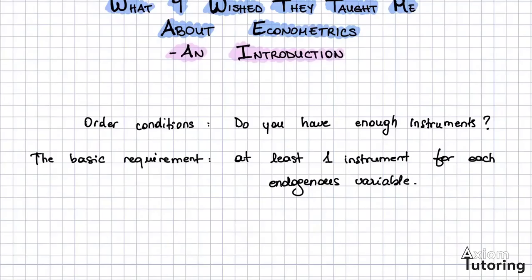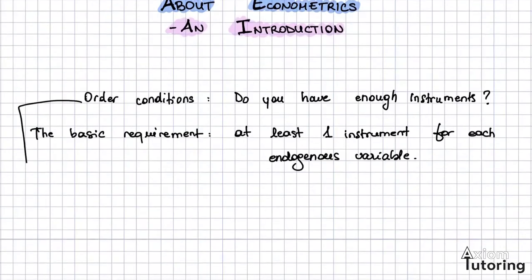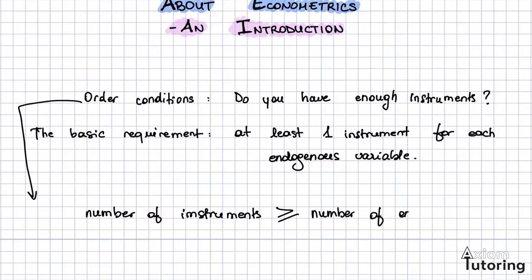Okay, so more precisely, what the order condition is telling you is that the number of instruments needs to be greater or equal to the number of endogenous variables.